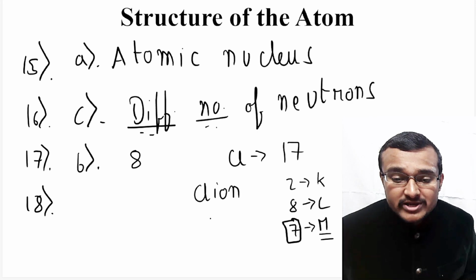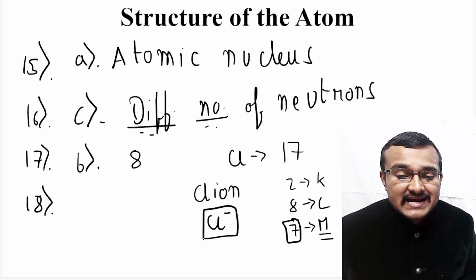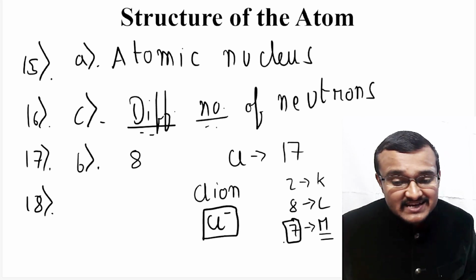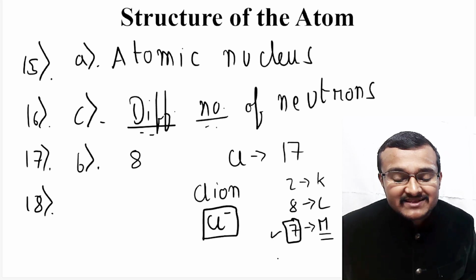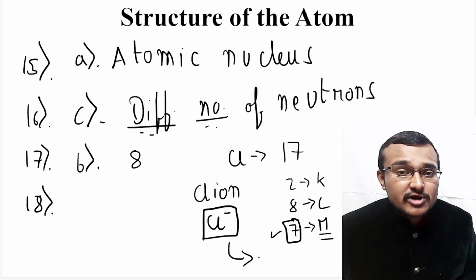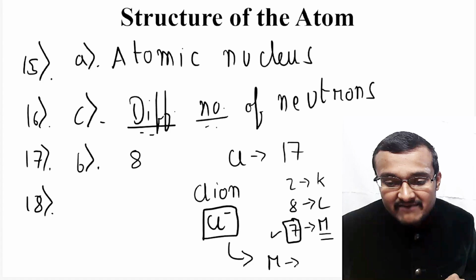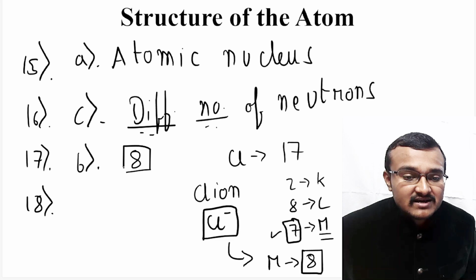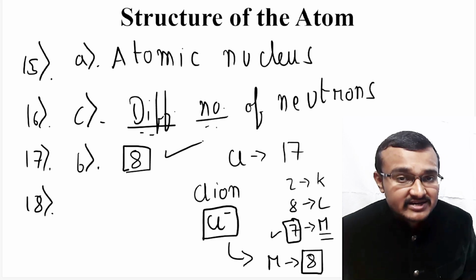So chlorine ion means it is actually Cl minus. That means this chlorine atom has an extra electron, and that extra electron will go and add in this M shell. So that's why in this chlorine minus ion, M will have 8 electrons. So the number of valence electrons of chlorine ion will be 8, and option B is the correct option for this 17th question.